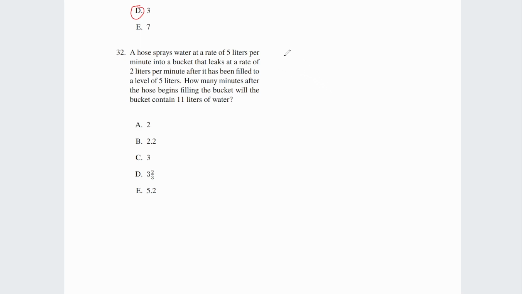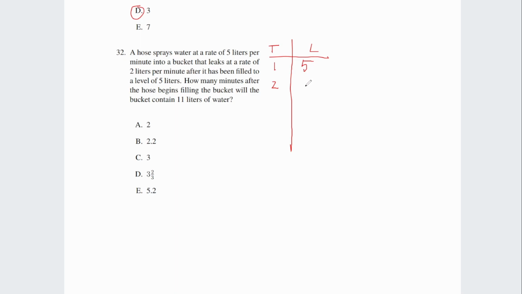So we know that if we just think of a little table here, we have time and we have liters. And we know after 1 minute, we have 5 liters. After 2 minutes, we're going to have another 3 liters because it's leaking at 2 liters per minute.